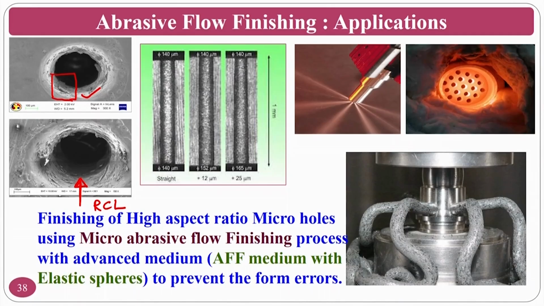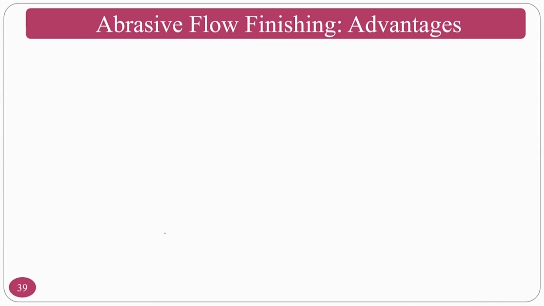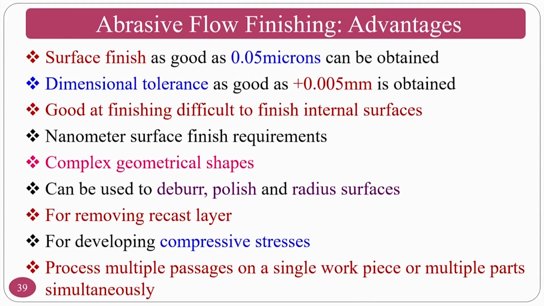You can also do this for filters and other things, and you can see how the holes are finished using abrasive medium here. The other advantages: surface finish up to 50 nanometers, dimensional tolerances up to 0.005 mm. Good finishing, and difficult to finish internal shapes can also be done.